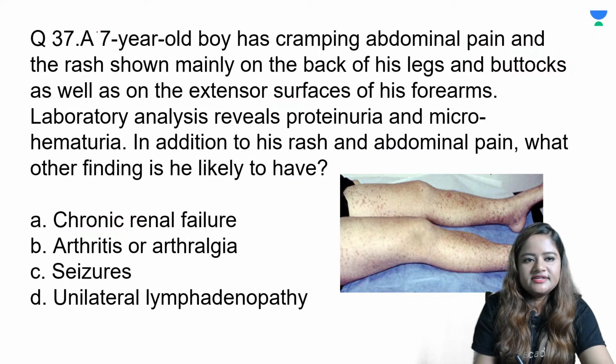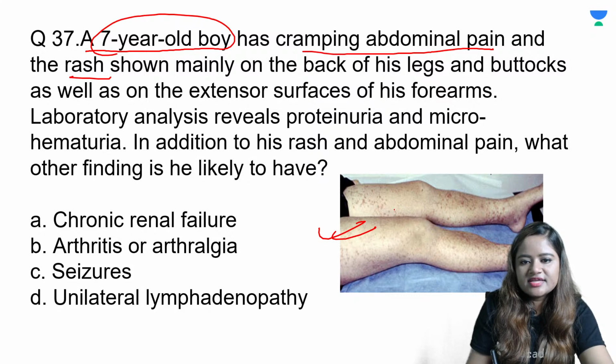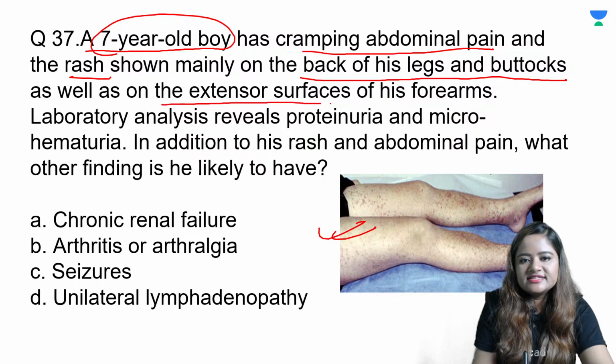Okay, question number 37. There's a 7-year-old boy who has got cramping abdominal pain and rashes as shown in this figure. So can you see this kind of elevated palpable petechial rashes that is present? It is mainly present on the back of his legs and the buttocks as well as the extensor surfaces of his forearm.